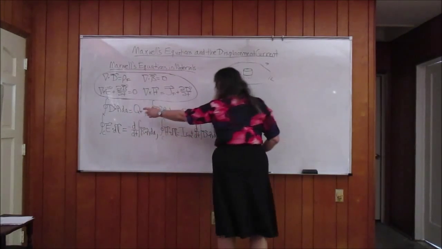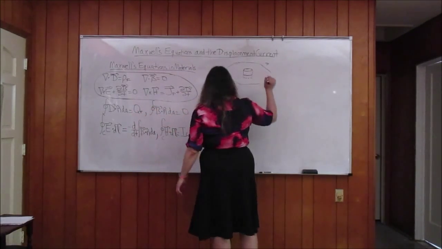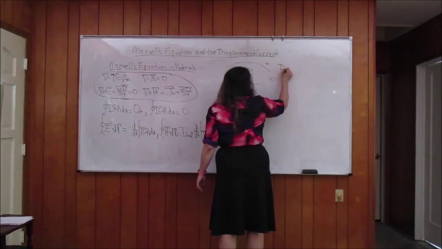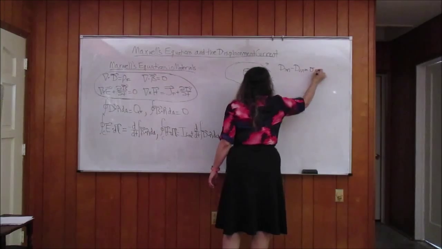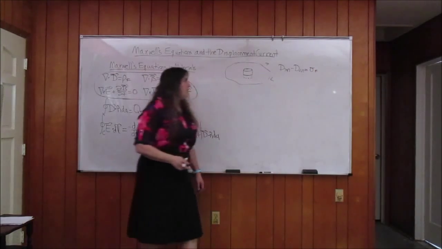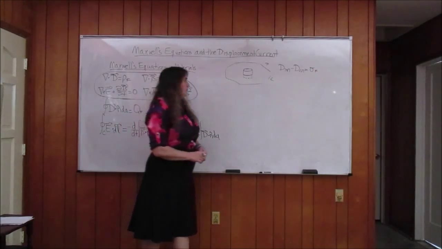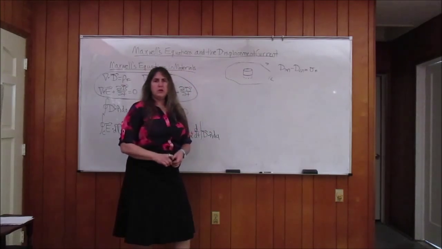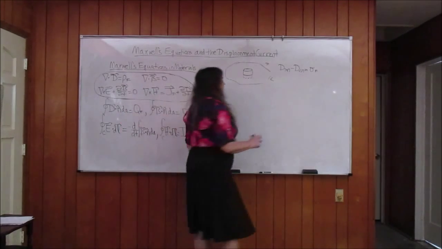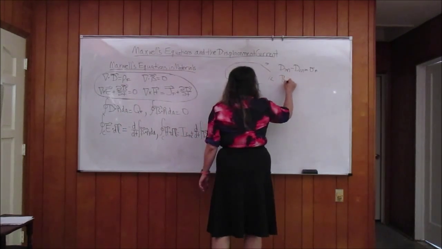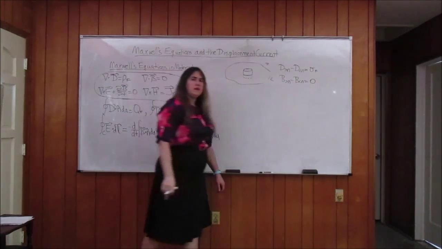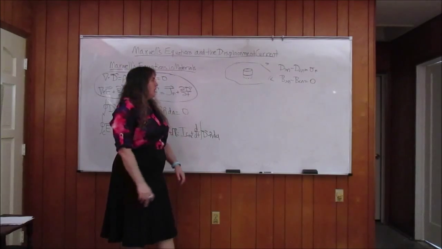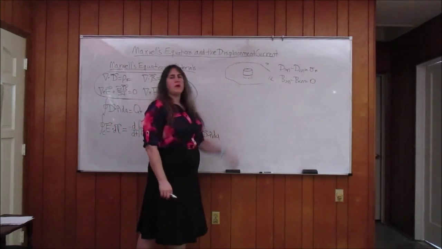So when I apply this to my Gaussian pillbox, I'll wind up with a discontinuity in the normal component of the displacement vector, and the discontinuity is equal to the free surface charge density. Applying the same kind of reasoning to the magnetic field, I see that's equal to 0. The normal component of the magnetic field across this interface is going to be 0.